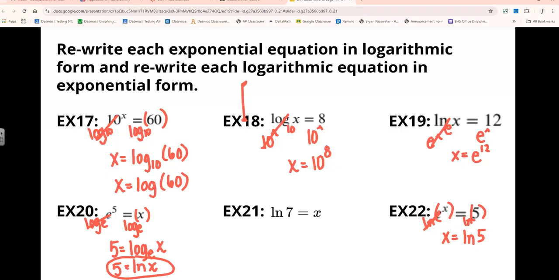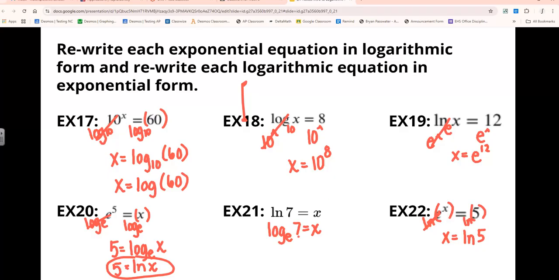And so back to 21. Nate, what is my base on that natural log right there? The base is not 7. The base is going to be the subscript. It's like the little number below, but do we have one? We do not. So if it is LN, it is E right here. So what this really means is it's a log with a base of E of 7 equals X. That's what that means whenever they use the LN.